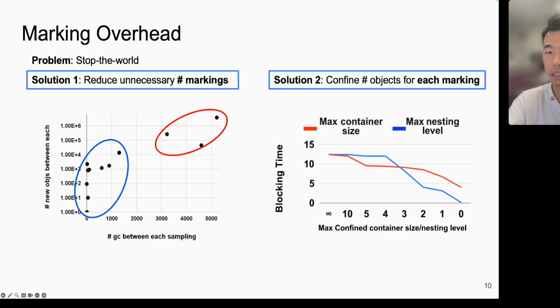As you can see in this figure, we set different threshold values that can control the trade-off between the marking accuracy and the overhead. The more aggressively MTP confines the threshold, the less blocking time it would take.